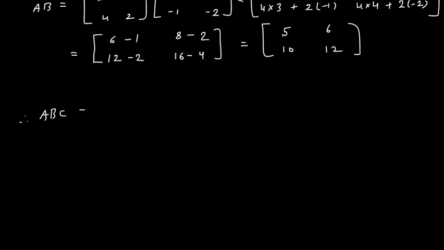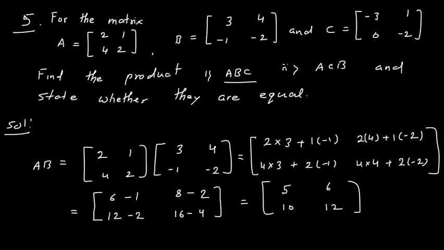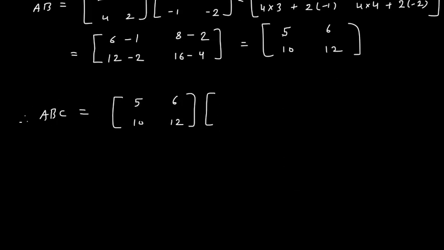ABC will be equal to AB, we got the value of AB which is [5, 6; 10, 12], and C, here the value of C is [minus 3, 1; 0, minus 2]. Okay, so let us check this product.